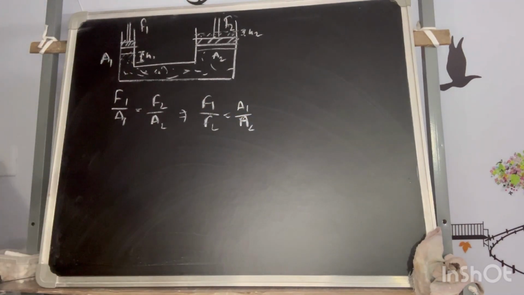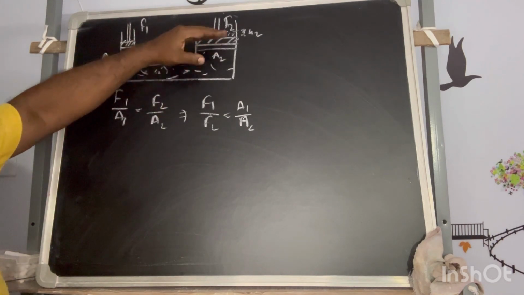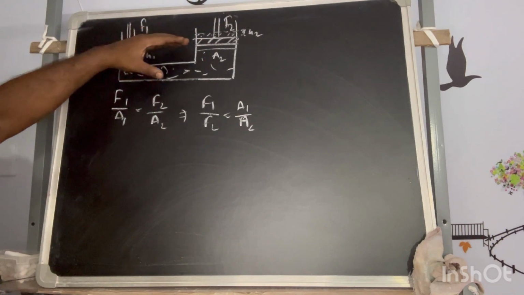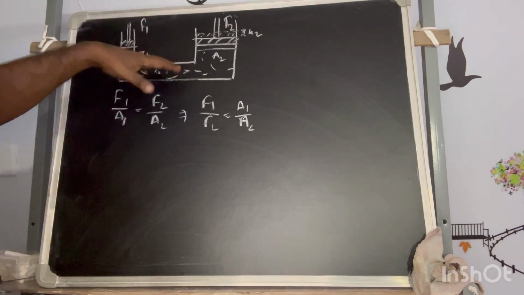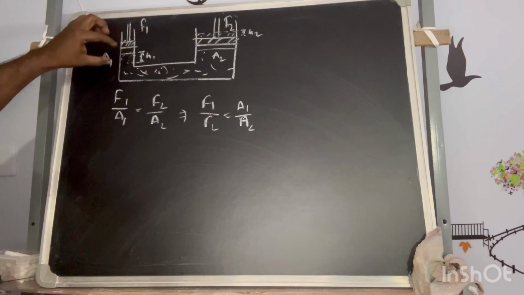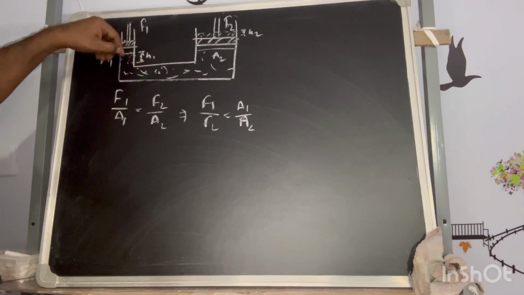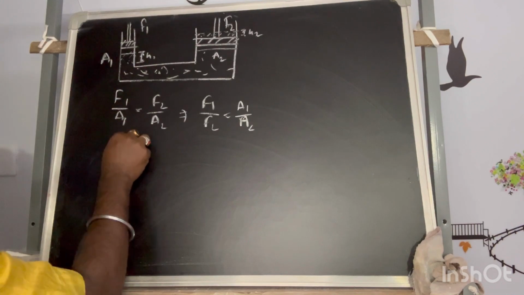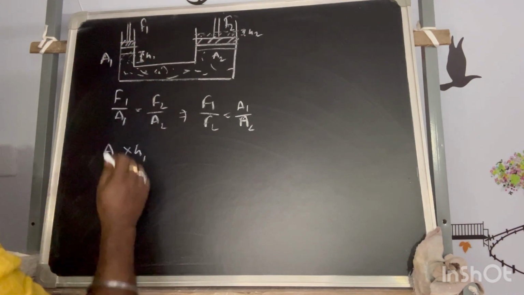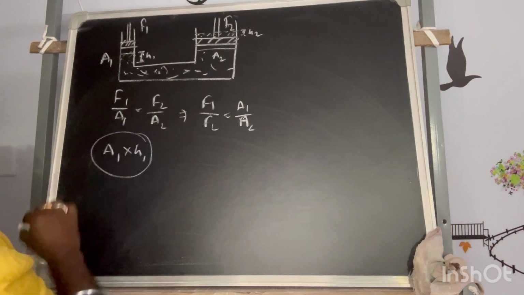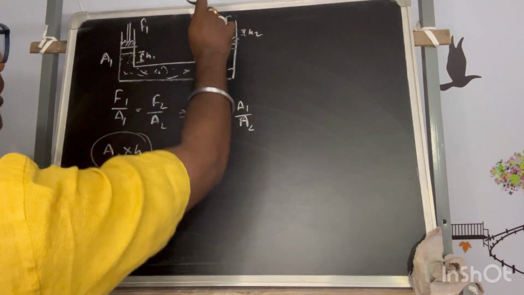Then we equalize the volume flow rate, because we are not losing any liquid out of the system, neither are we putting any fluid inside the system. So whatever volume is transmitted due to this force down, if I calculate it as cross section into height, where the height is the displacement of the fluid column, whatever liquid is transmitted from this arm will be accommodated in the other arm.